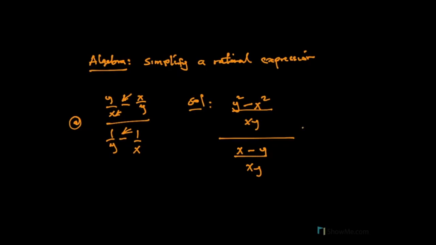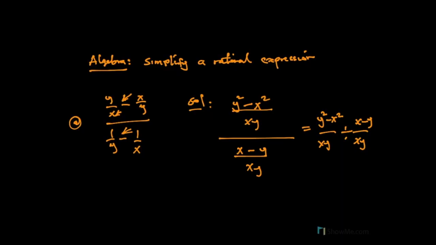So that will be equal to y squared minus x squared over xy, divided by x minus y over xy. So you just get the reciprocal of that.